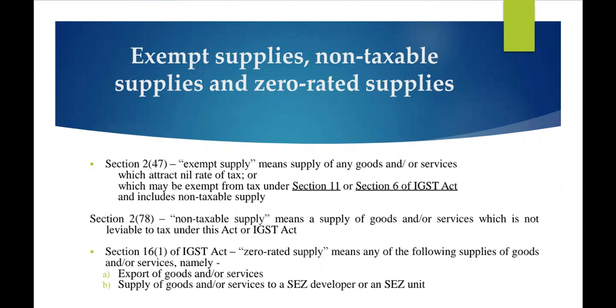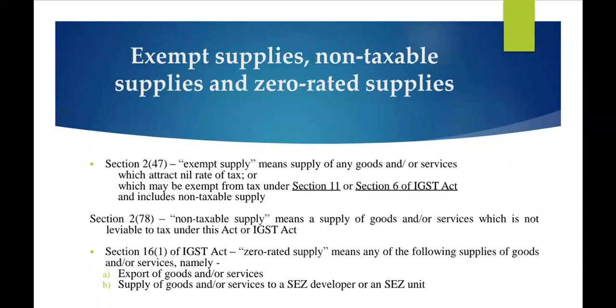These are supplies on which the tax rate is negligible, or in some cases nil. Such supplies are exempted from tax under section 11 of the CGST Act or section 6 of the IGST Act, and include non-taxable supplies. So all these types of supply are exempted supply, as said in section 2 subsection 47 of the CGST Act of 2017.